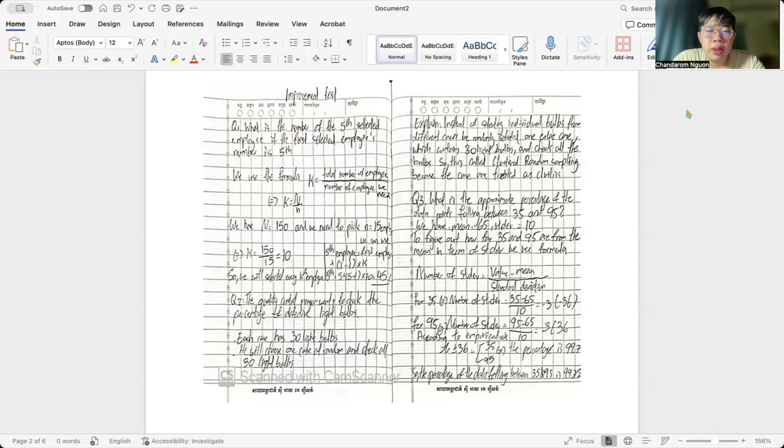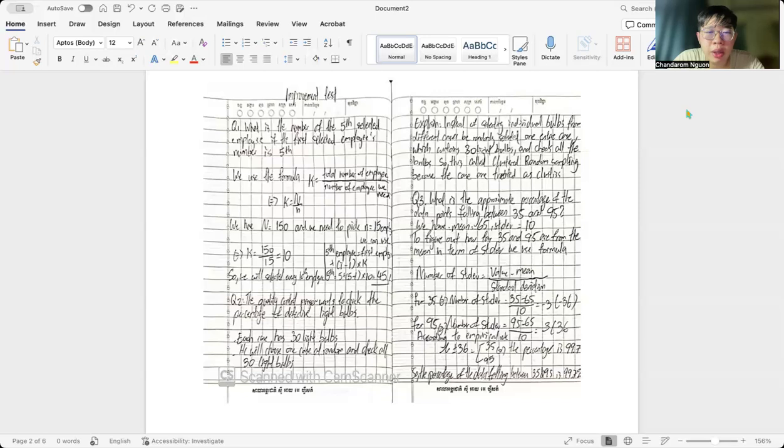In this problem, in step 1, we need to understand the problem. The quality control manager wants to check the percentage of defective light bulbs. Each case has 30 light bulbs. He will choose one case at random and check all the 30 light bulbs in that case. Now I will explain the process and the reason.